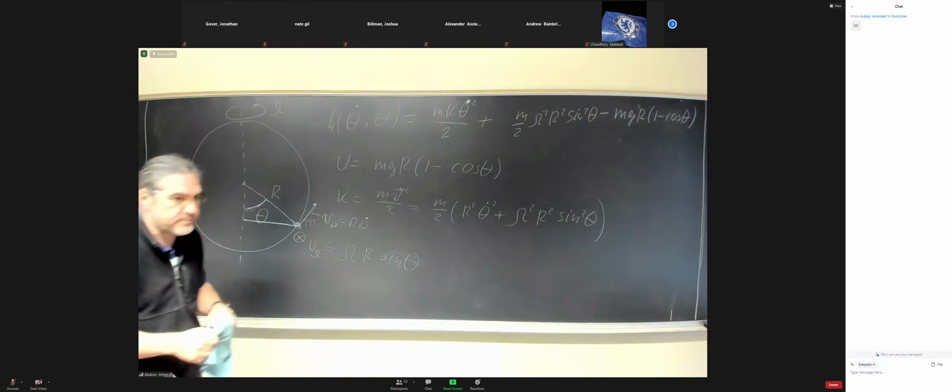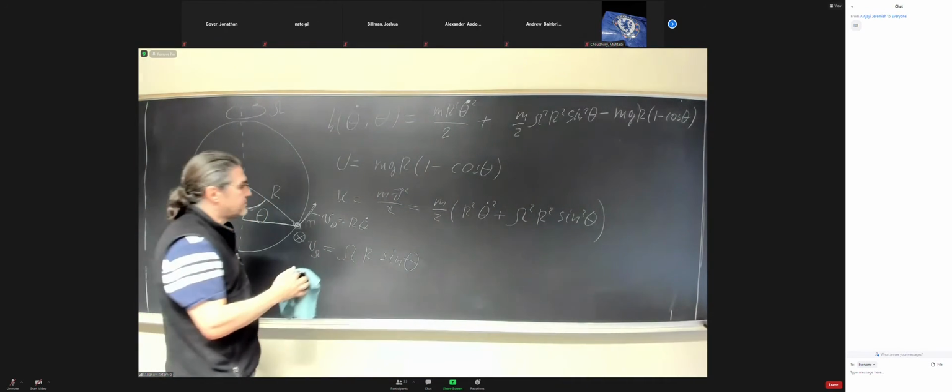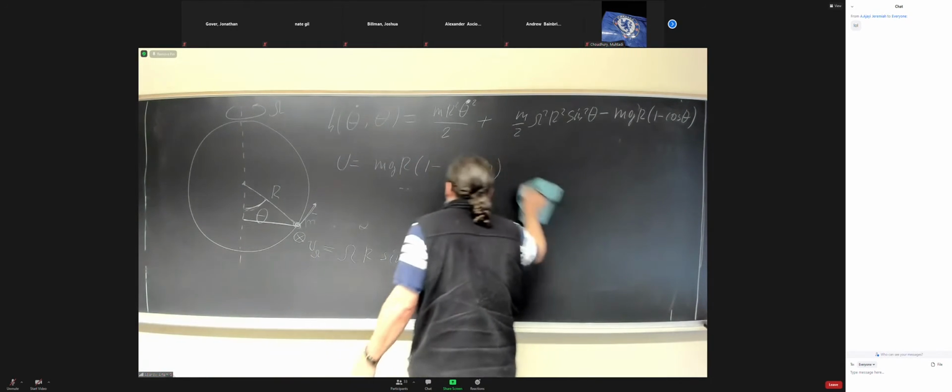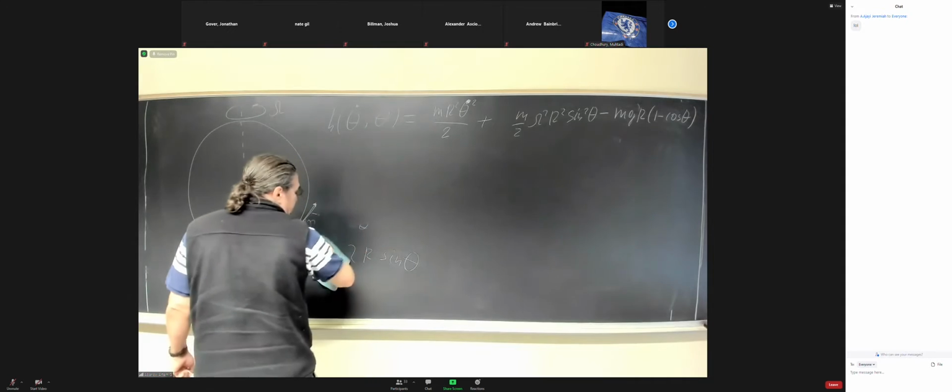That makes sense so far? Yeah. This is my Lagrangian. And now I know what to do, right? I need to write Lagrange equations and so forth.